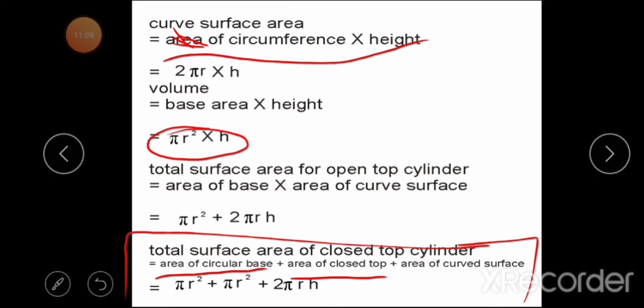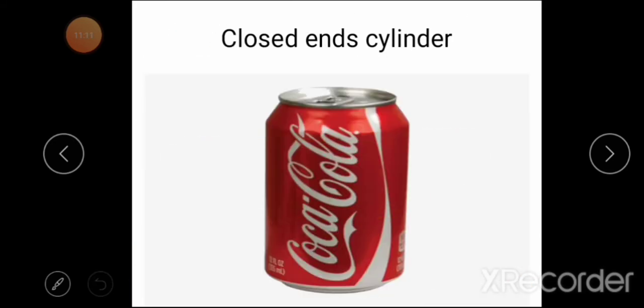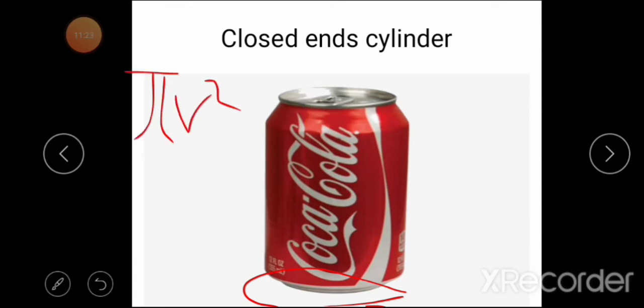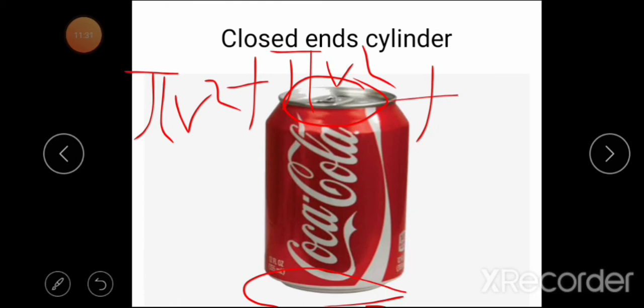So let's go back to the diagram of a closed cylinder. Okay, look at this, it is a closed end cylinder. So the formula for the area is the area of the circular base, which is pi r square, plus the area of the closed top, which is pi r square also, plus the curved surface area, which is 2 pi r h.